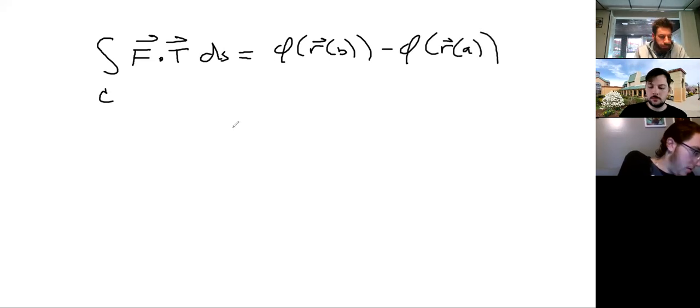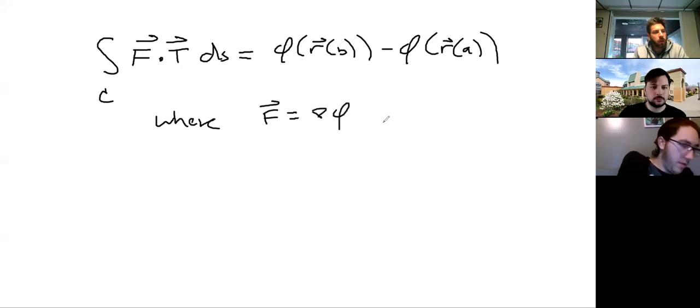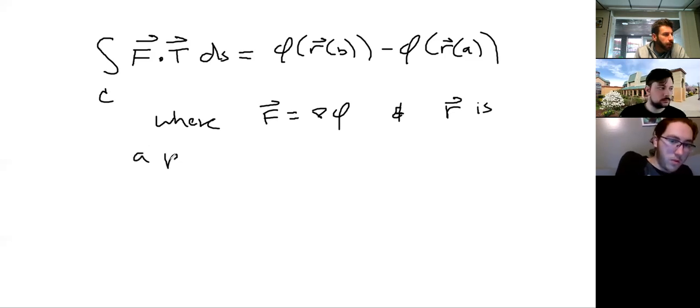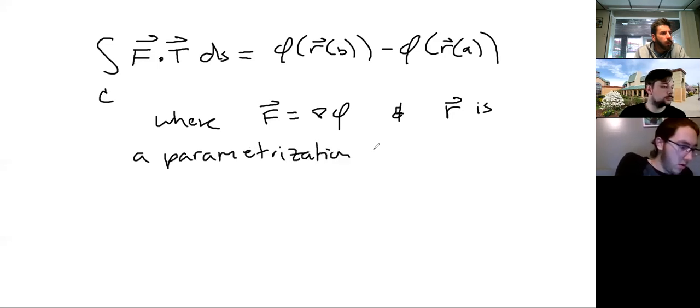So when is this true? Well, it's true when F is equal to the gradient of phi and r is a parametrization of C.